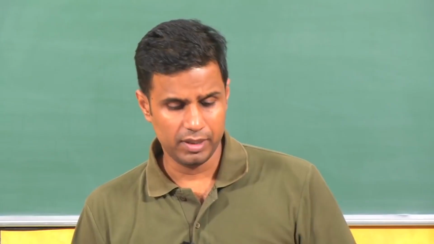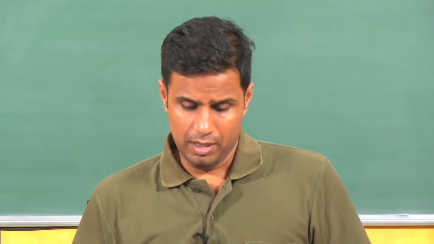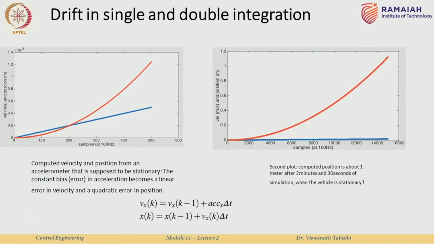So, this is a simulation which I did in MATLAB. I will happily share the code with you, and these are the two equations, one for the velocity, one for the position.